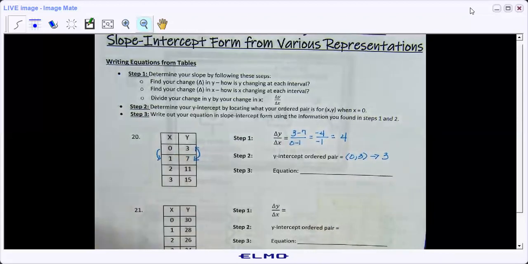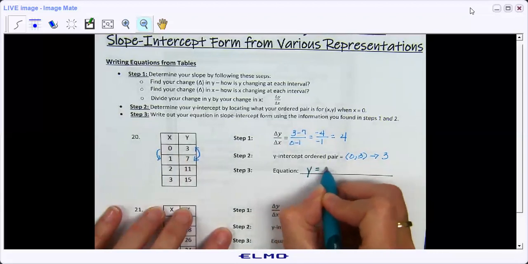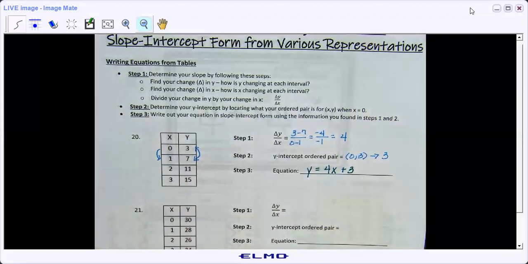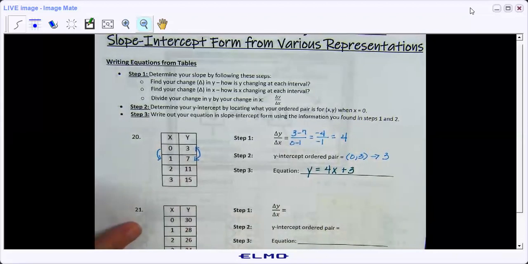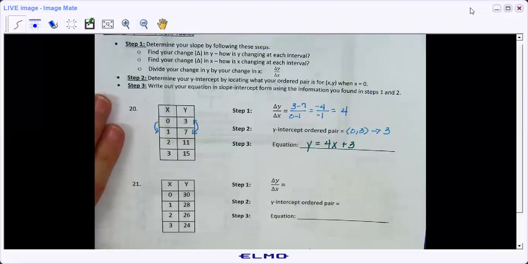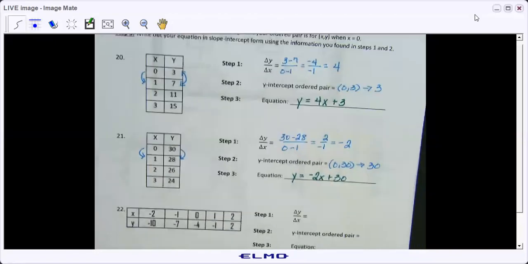And then we plug those into the slope-intercept equation, and we get y equals 4x plus 3. Okay. All right, what I would like for you to do is try 21 on your own. So please pause the video and try that one. Okay, go ahead and check your answer for 21.